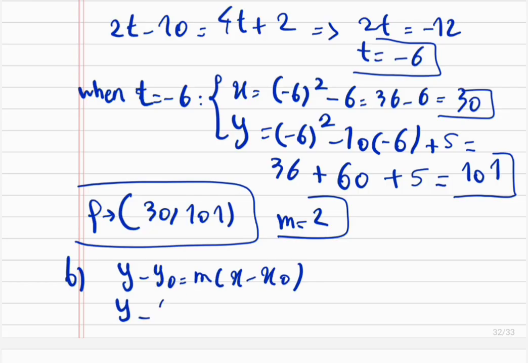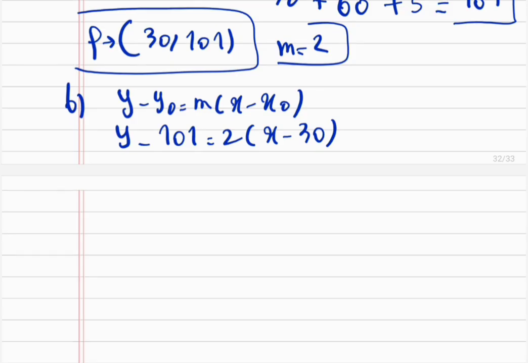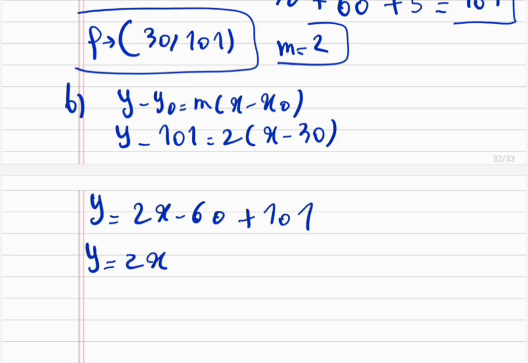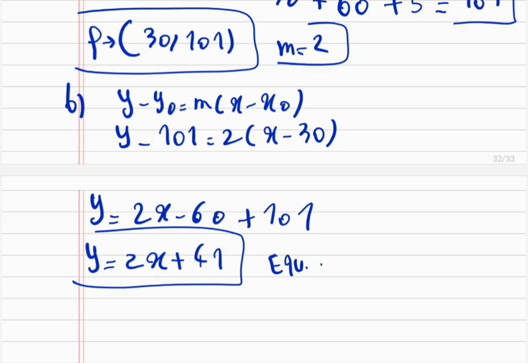So y0 is 101, m is 2, and x0 is 30. So we get y is equal to 2x minus 60 plus 101. y is equal to 2x plus 41. So this is the equation of the tangent at point P.